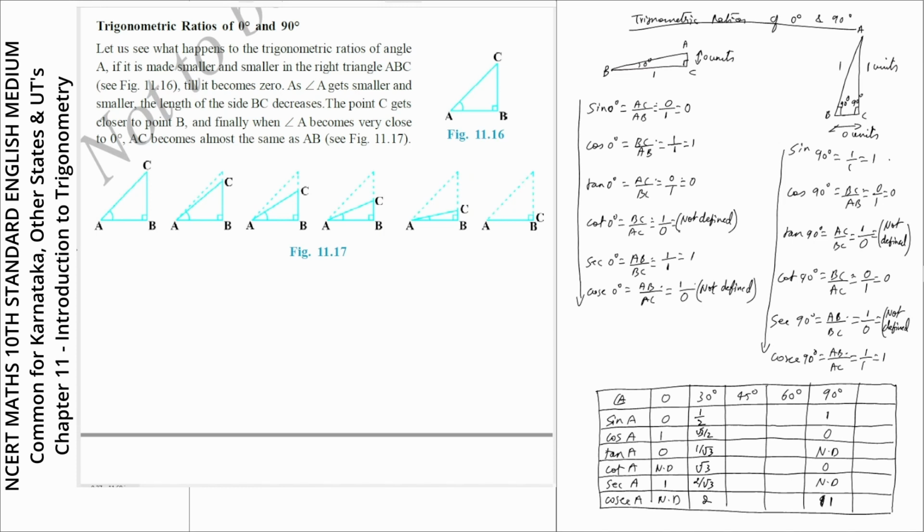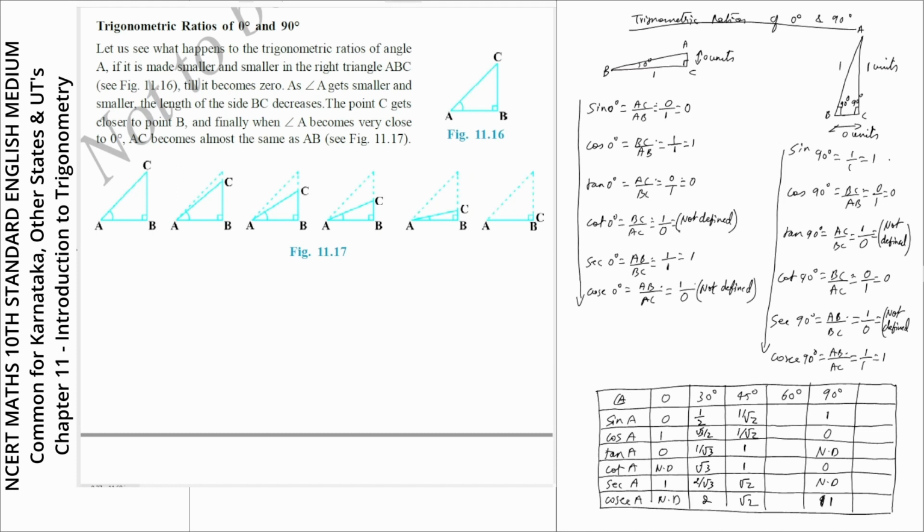Sine of 45 degree I got as 1 by root 2, and cos of 45 degree that also I got as 1 by root 2. Then tan of 45 degree I got as 1. Then cot of 45 degree also I got as 1. Then secant of 45 degree I got as root 2. Then cosecant of 45 degree also I got as root 2.